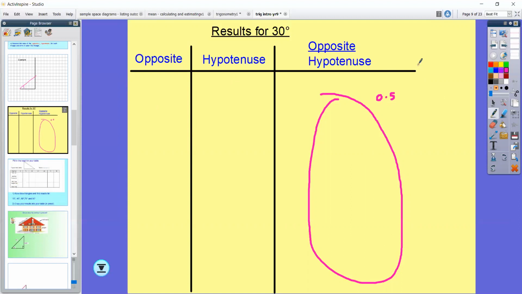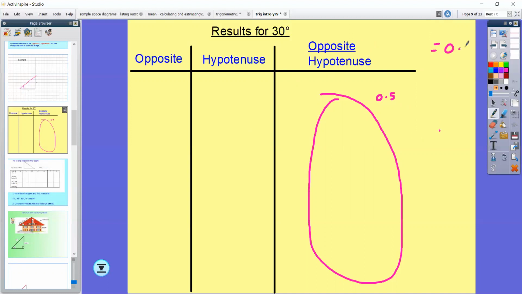I think it's an Arabic word actually that's come up from here. But if we're looking at opposite divided by hypotenuse, instead of saying a right angled triangle with 30 degrees, when we divide the opposite by hypotenuse it's 0.5, we can say equals 0.5, can't we?